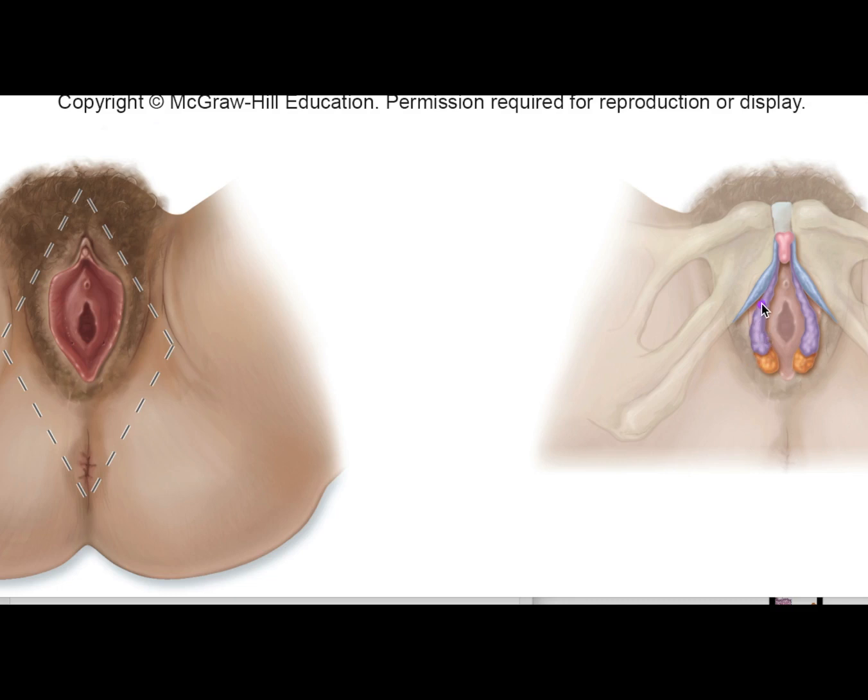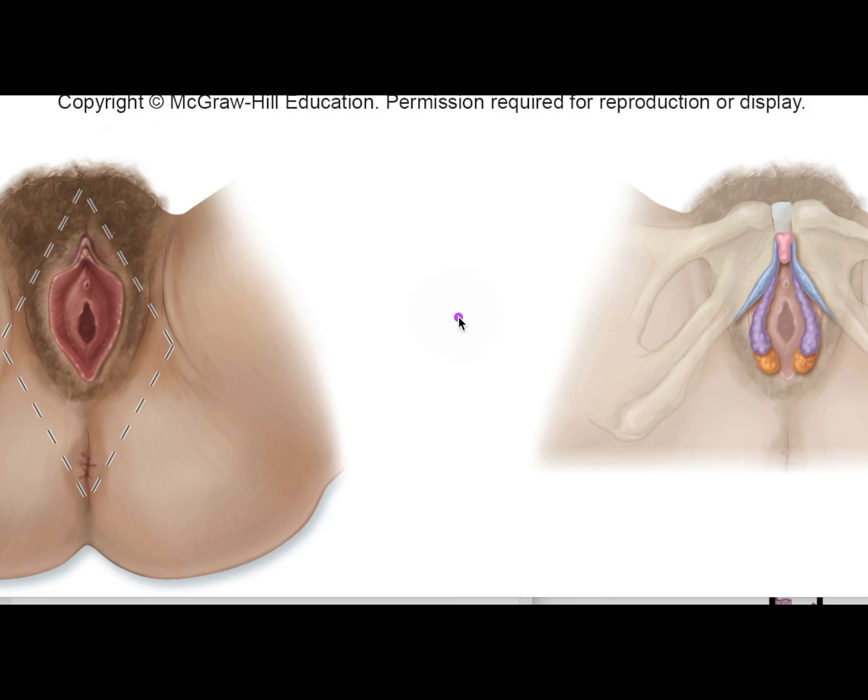The only part that's on your white sheets is the crus, the body, which includes the two corpora cavernosum, and then the glans, which is the exposed part. And did I say the prepuce? I don't know. Did I say prepuce? Anyway, the prepuce.